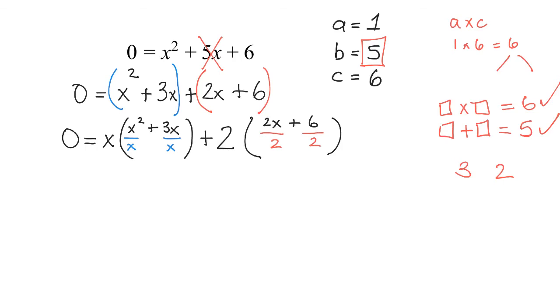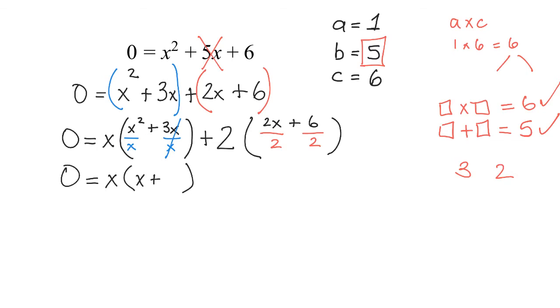All right, our next step is to do this division. We've got an x. Inside my bracket, I'm going to do x squared divided by x, which is x. We have a plus sign. And then I've got 3x divided by x. Remember, if you see an x on the top and an x on the bottom, that's going to cancel out.